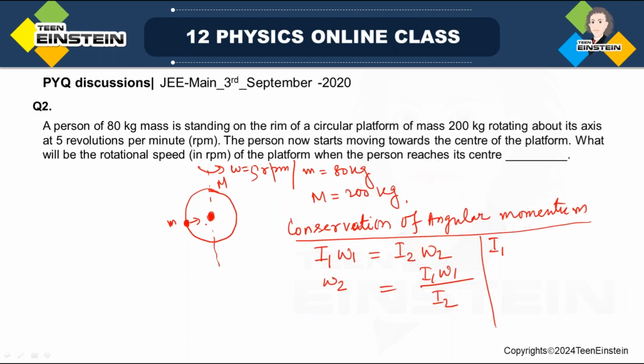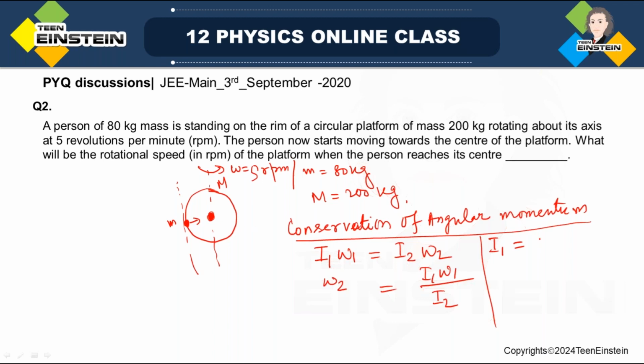So the initial moment of inertia of the system is the moment of inertia of this rotating circular platform, which I have taken as a disk, and the man who is standing at the rim. Here you have to apply the parallel axis theorem to find the total moment of inertia of this system about the rotational axis of the disk, or this circular platform.